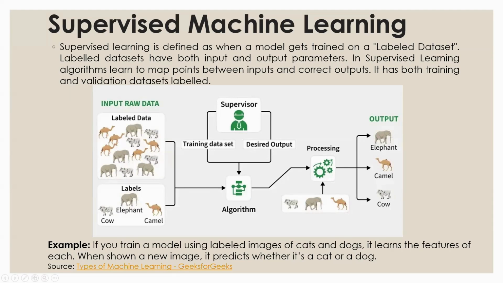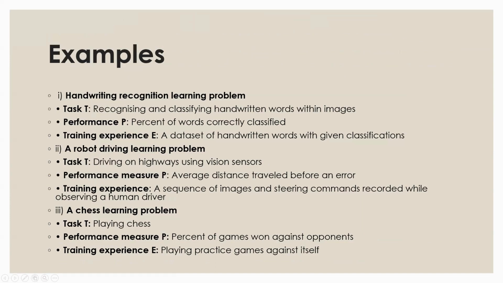Similarly, we will look at a couple of other examples also, like the handwriting recognition learning problem. What actually happens is that you give handwritten notes to the computer and tell it, for example, this is a computer. If this is written in handwritten form, then you tell the computer to label the words also in typed form: this is a computer, and also write it in handwritten style.